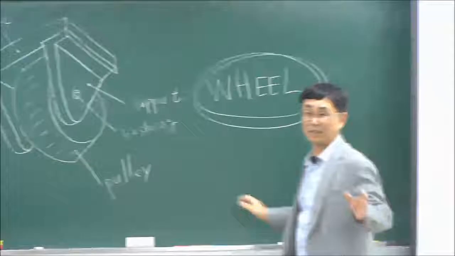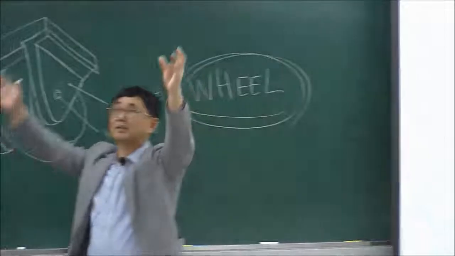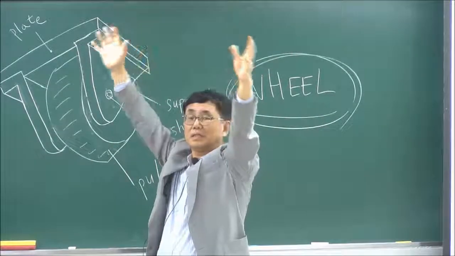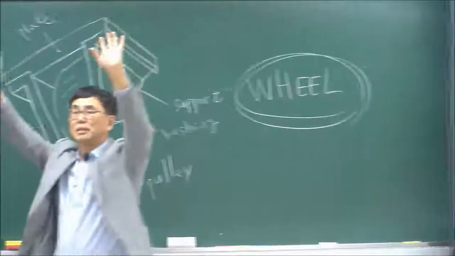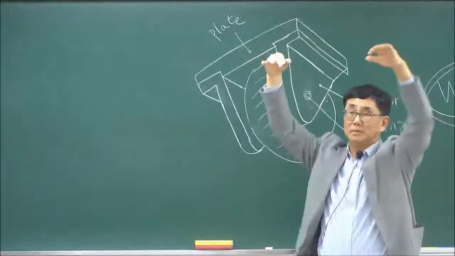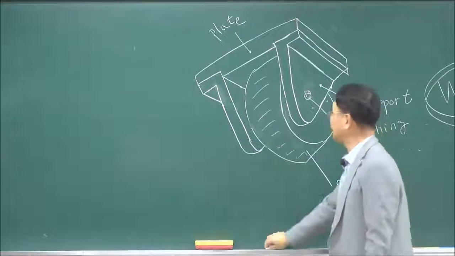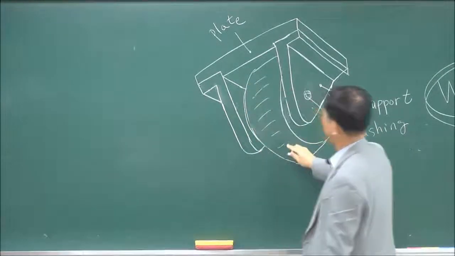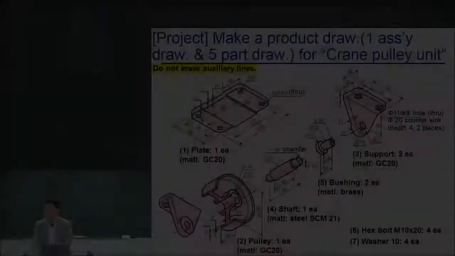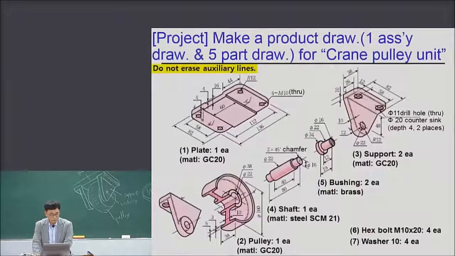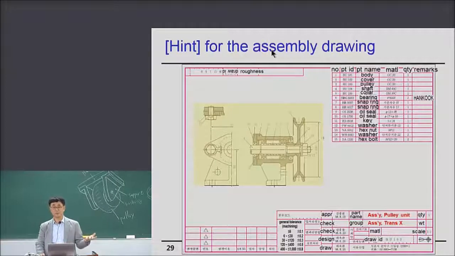A wheel for a crane. You see, if you enter a factory, there are so many overhead cranes moving above in the air. That is a wheel for that crane, so we call it a crane pulley. So the project is you have to finish the assembly drawing for the crane pulley.